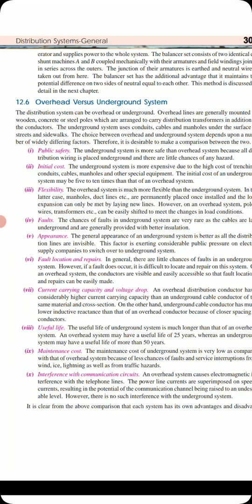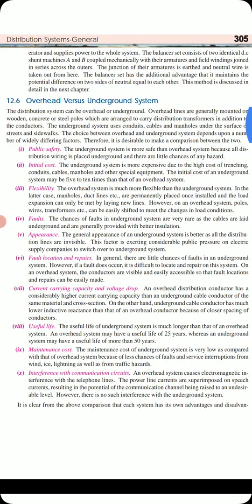Compared with the overhead system, the overhead system does not look as good as the underground system. We can maintain the beauty of the city. Fault location and repairs, which I mentioned in the faults itself, are very difficult in the underground system. Where exactly it happens, and repair is also very difficult. We need to remove the cable fully, all those things.